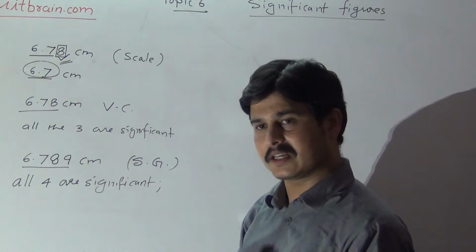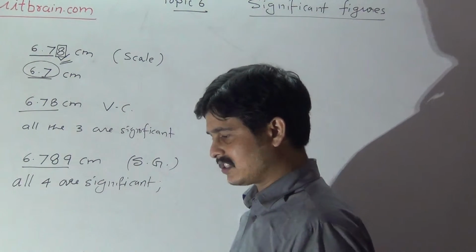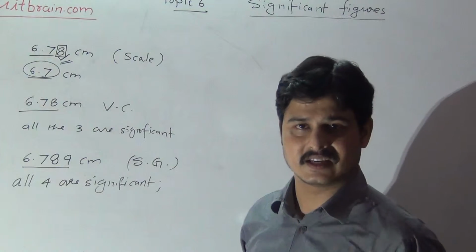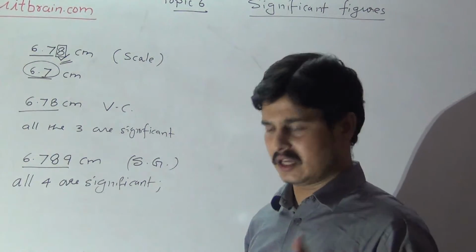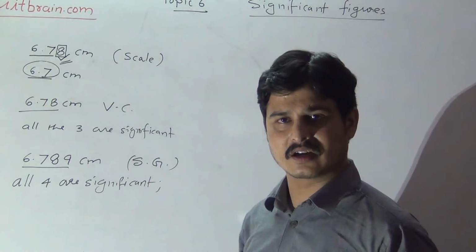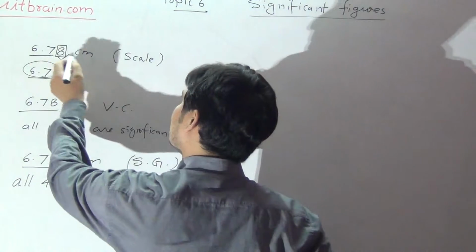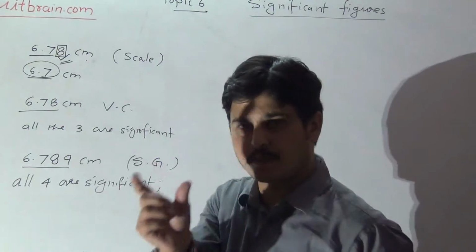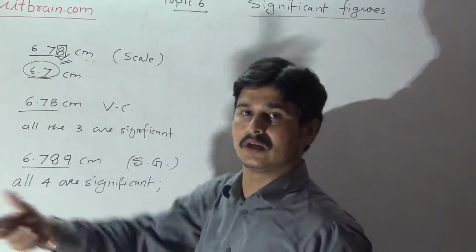So significant figure किसी apparatus की capability से connected term है. जिस apparatus की least count जितनी है उस बेस पे ये decide किया जाएगा कि किस place तक हम आंसर को एक significant मोड में कंसिडर करें और किसके बाद के नंबर को नॉन सिग्निफिकेंट माने. So if 6.78 centimeter is measured by scale, then only 6.7 will be the valid answer. This 8 is considered as a non-significant figure.